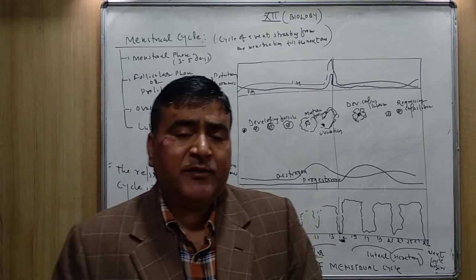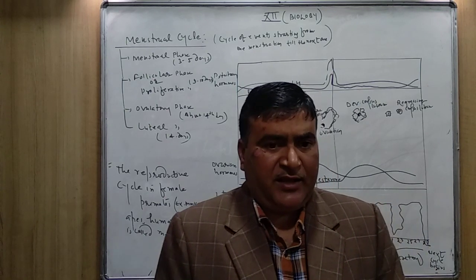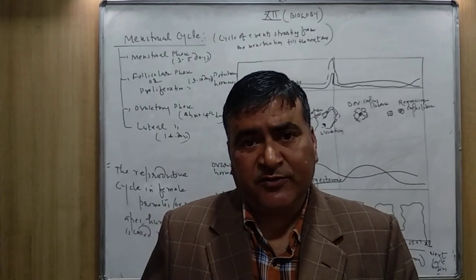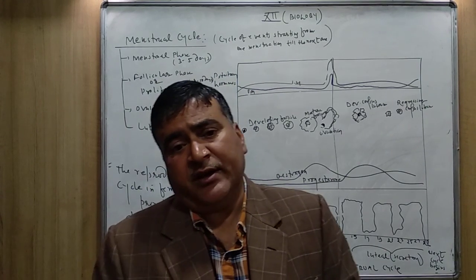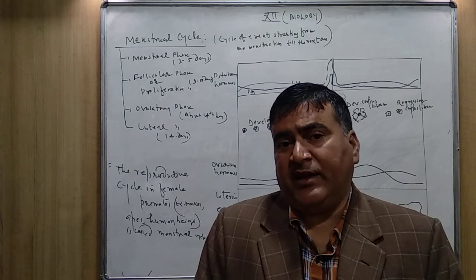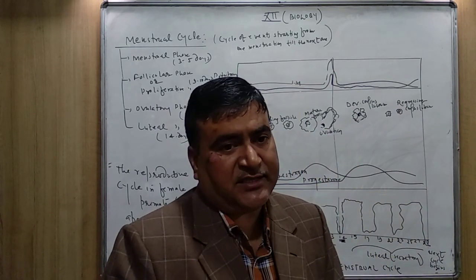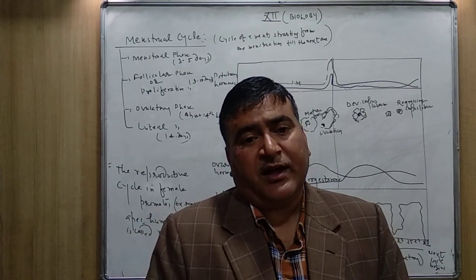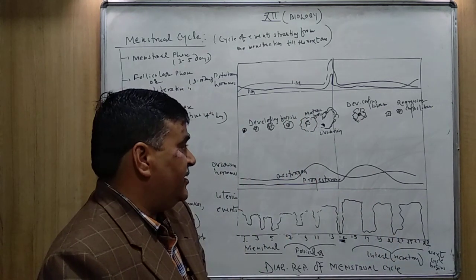The ovum from the ovary, from the mature Graafian follicle, comes where? Inside the fallopian tube. And if in the mid of the menstrual cycle, the female comes into contact with the male, the process of fertilization may take place, and the female may be pregnant.